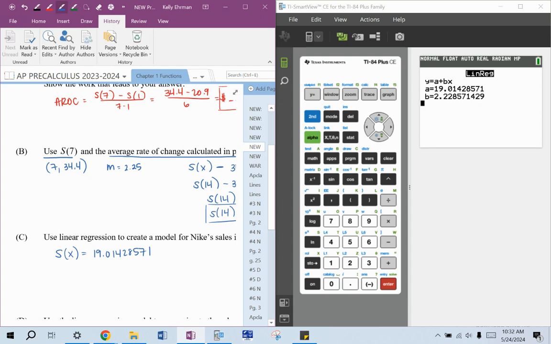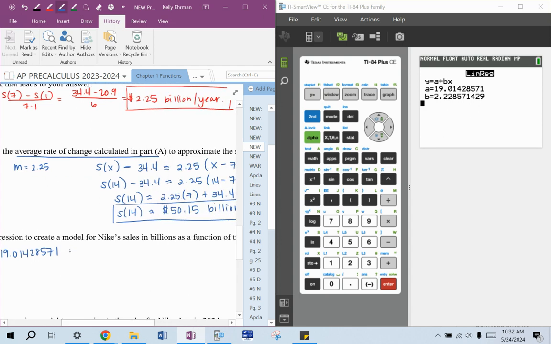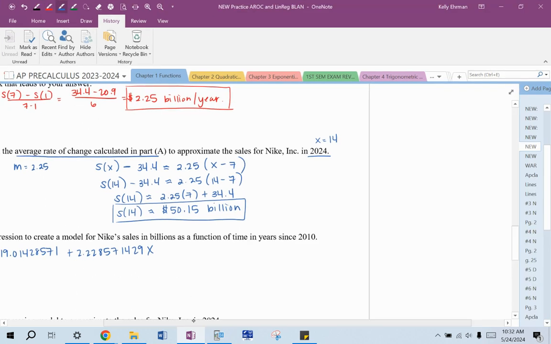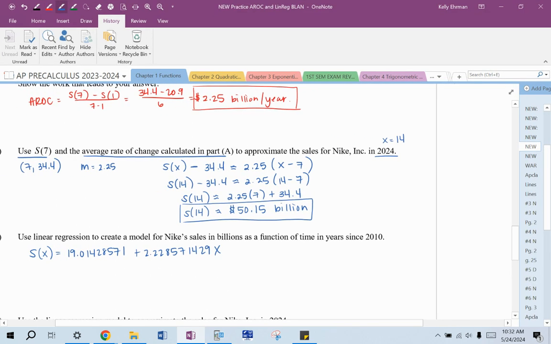That's A. And then it says plus bx. So plus 2.228571429 times x. Use a linear regression to create a model for Nike sales as a function of time in years since 2010.